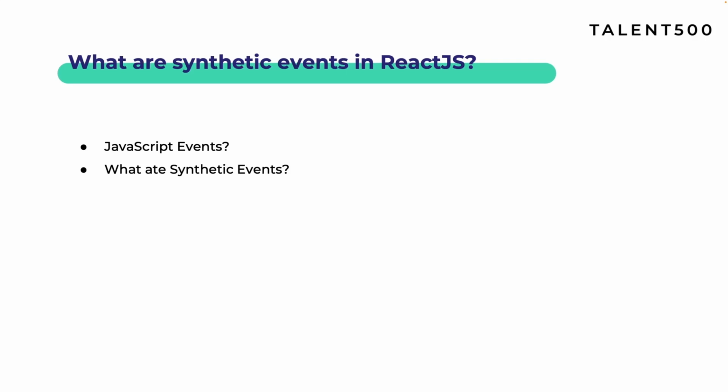It is nothing beyond that. So regular JavaScript events are there, but regular JavaScript events may behave differently from one browser to another. Now, as a React.js application, that difference should not be obvious to your user. So React has created a cross-browser wrapper around the browser's native event, and this is what is called a synthetic event.